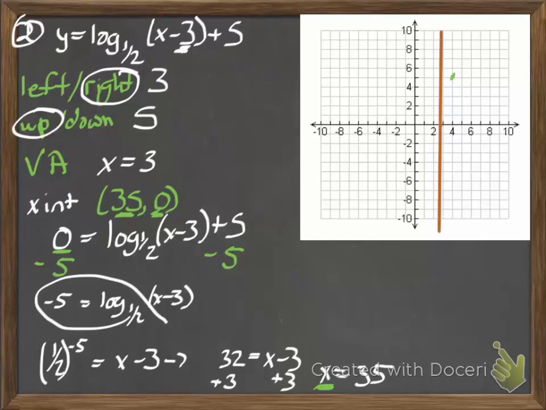It's kind of hard to graph that one, right? How about at 4? 4 and 5. Oh, that's right, we already got that one. How about 5 and 4.